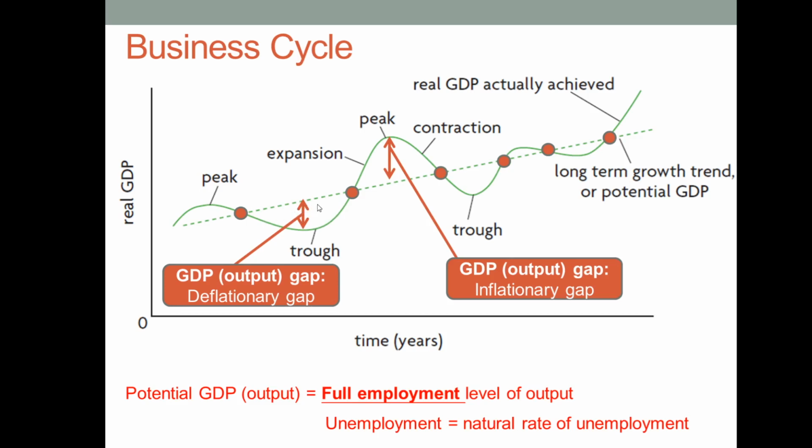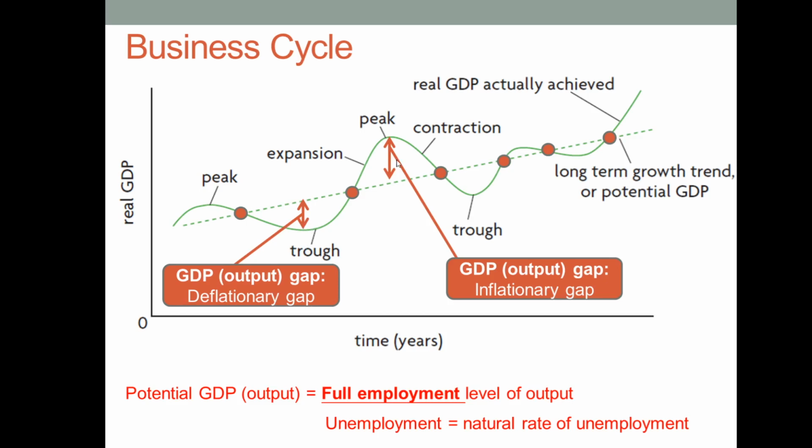This area is what we call a deflationary gap, because in this area the potential output is always higher than the actual output that you are producing in the economy. So this area here is the deflationary gap.